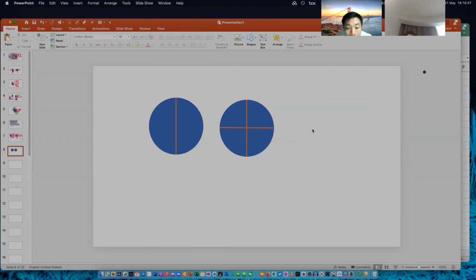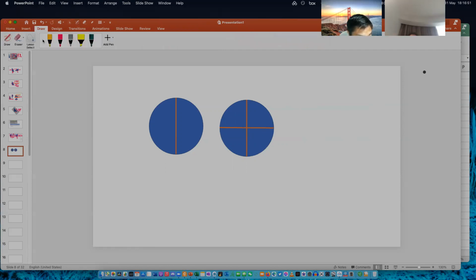A lot of students have no problem finding area of semicircle or perimeter of semicircle. Why? Because it's half of circle. Am I right?